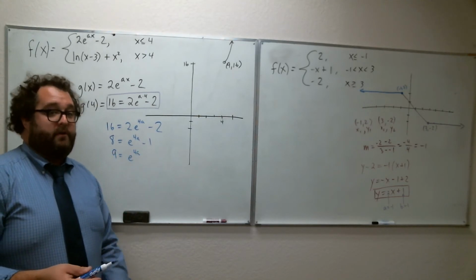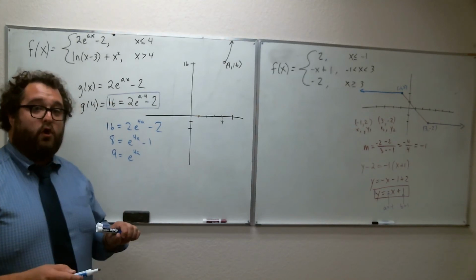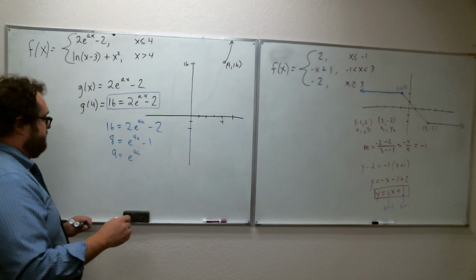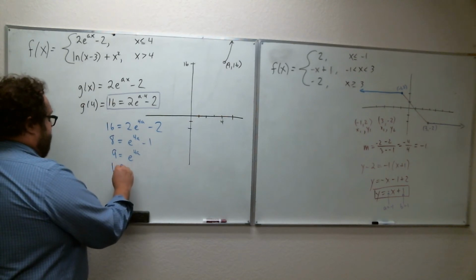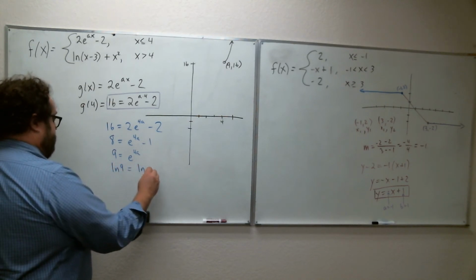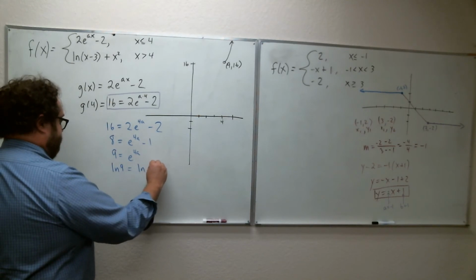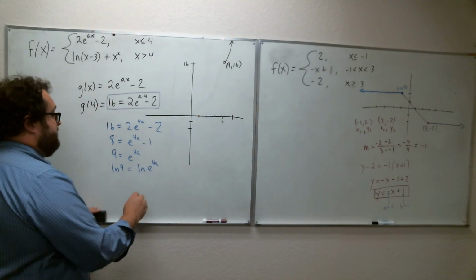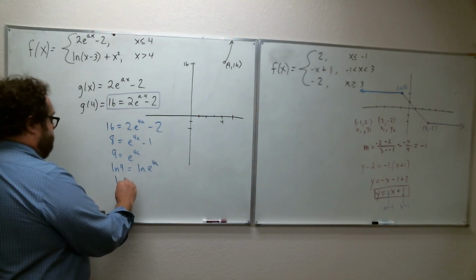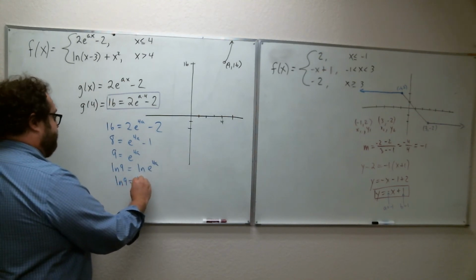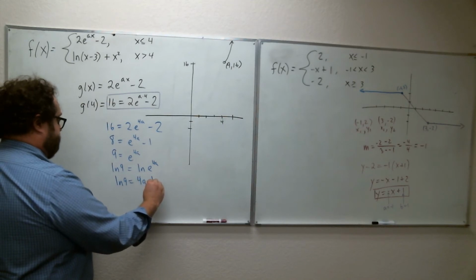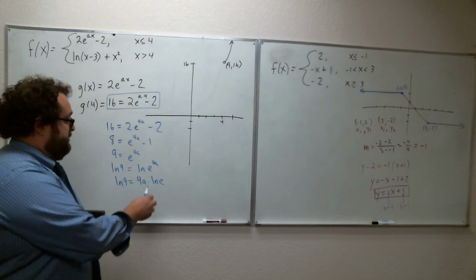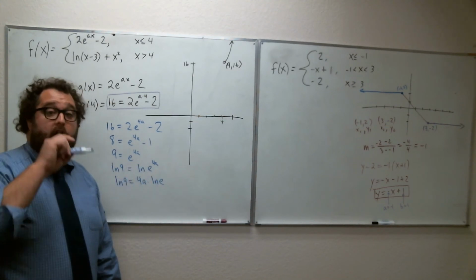And now whenever you're trying to solve exponentials in this form, you take the log of both sides, or we'll take the natural log, so it'll be a little bit easier. So we take the natural log of 9 equals the natural log of e to the 4a power. The reason we did that is because now we can rewrite the right-hand side. So natural log of 9 equals 4 times a times the natural log of e. Okay, that's just using the properties of logarithms.